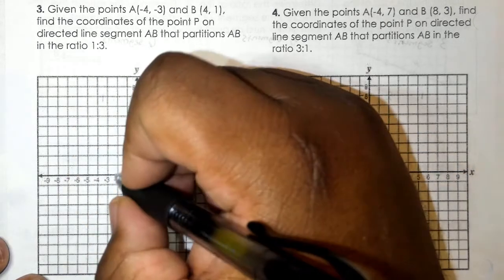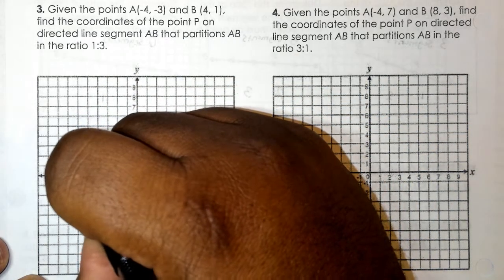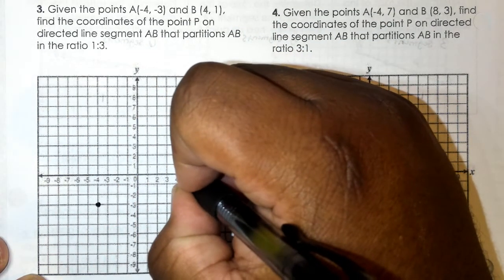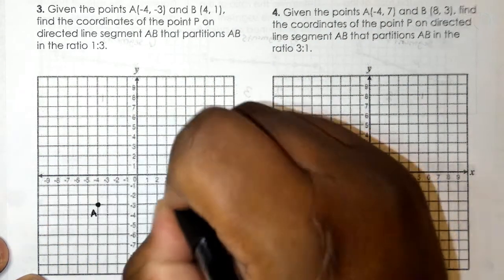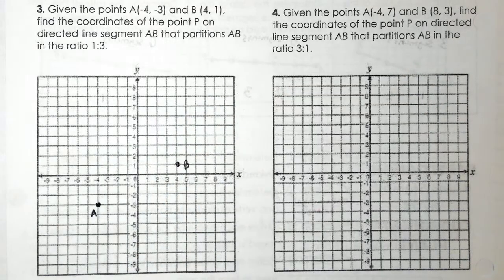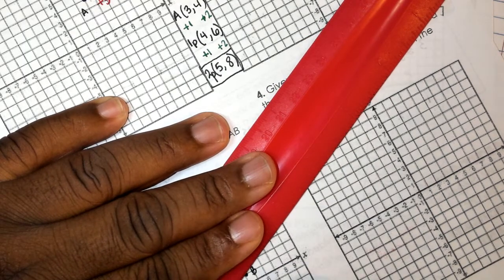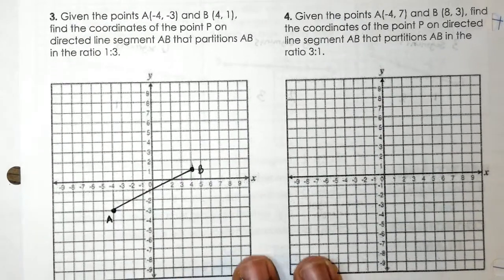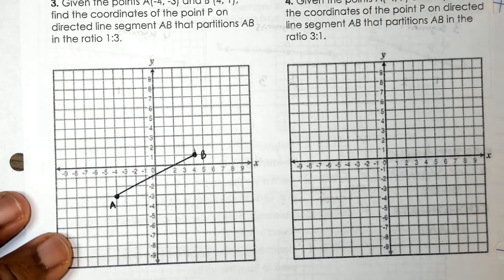Right, so A is -4, -3. B is 4, 1. And then from there, first thing, figure out how many segments you have.